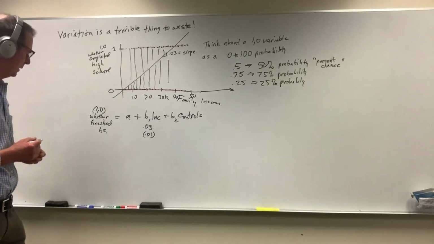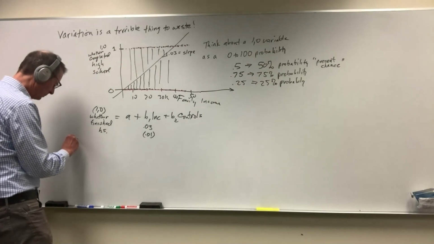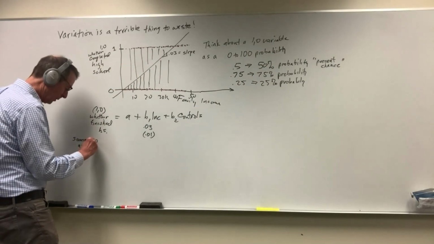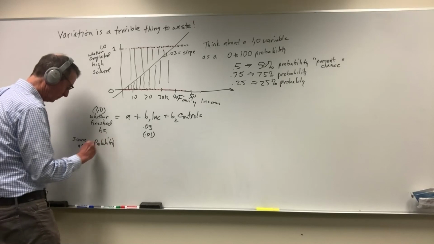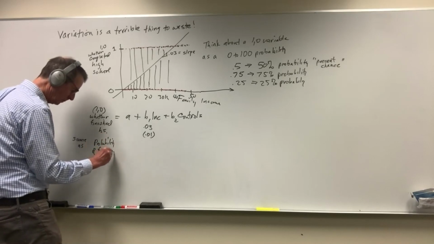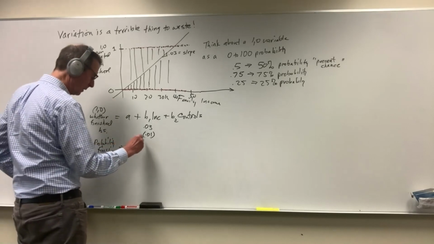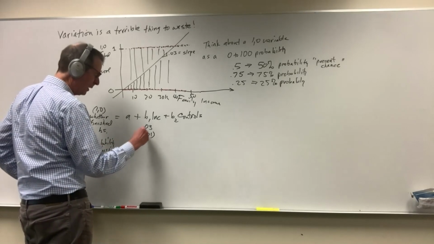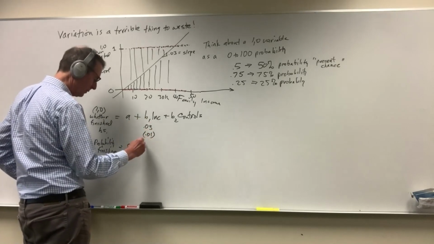So now the probability of finishing high school is A plus, so now we're going from 0.03 to 3%.